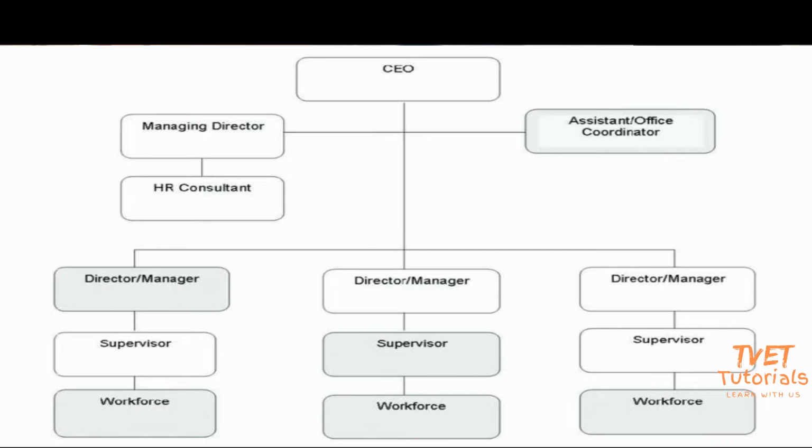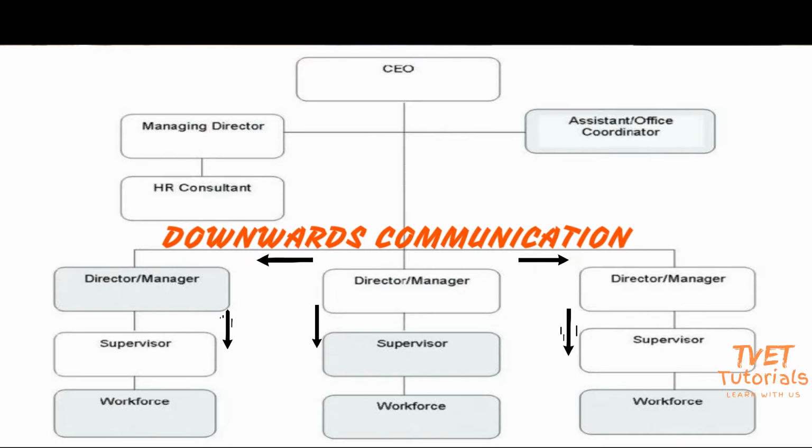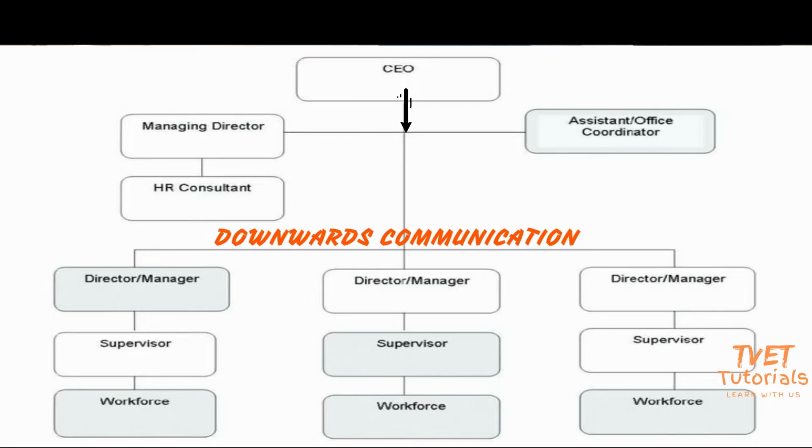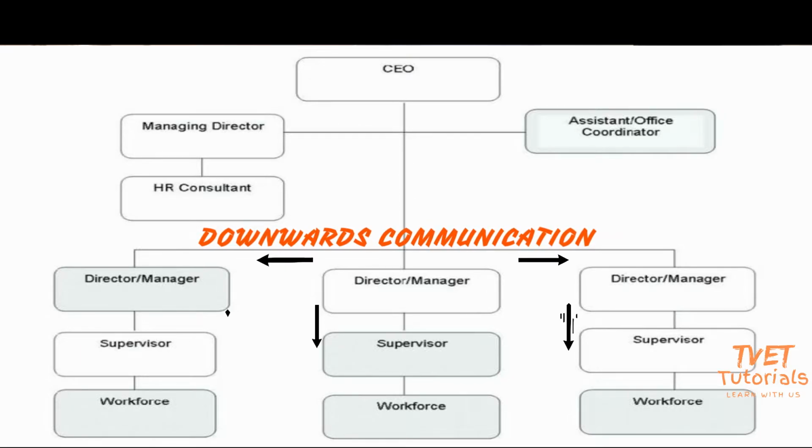So if the CEO makes a decision, then the CEO takes that decision down to either the executives or the head of departments. The head of departments then implements those decisions and then takes that communication that this is what the CEO has decided, this is what the company wants to do, and then this is what employees are expected to do.